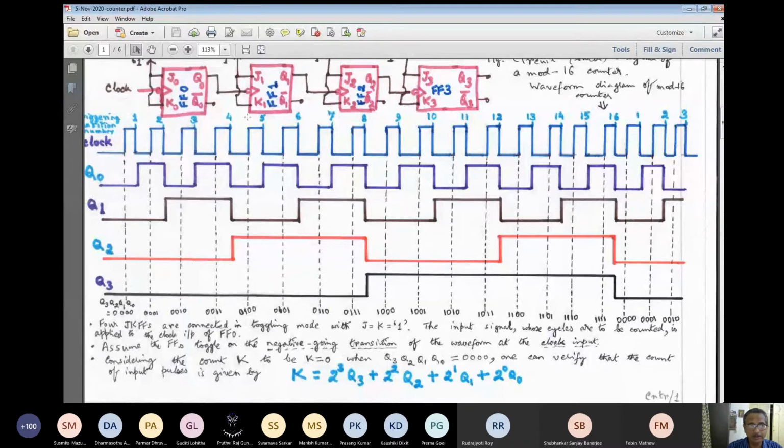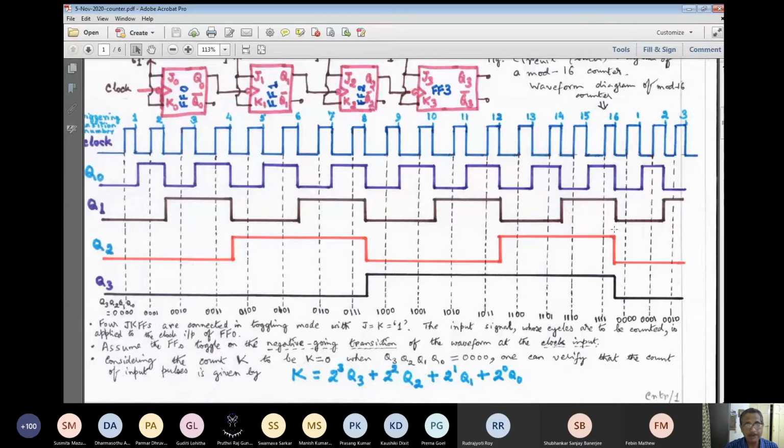All the flip-flops have the same propagation delay, 20 nanoseconds. So if this takes place at t equal to 0, Q0 will go from 1 to 0 at t equal to 20. Then it will appear at the clock input of FF1, so the FF1 1 to 0 transition will take place at t equal to 20 plus 20, that is 40.